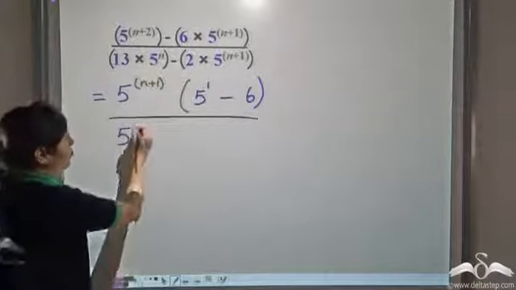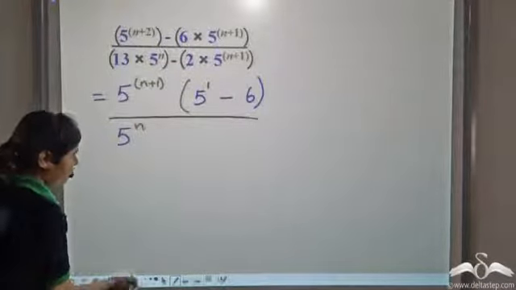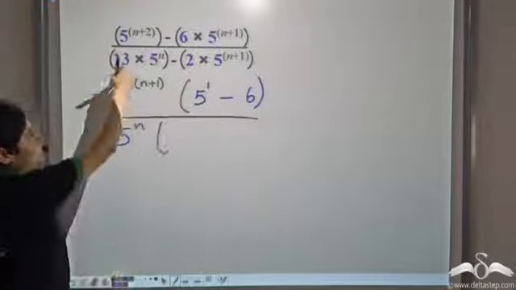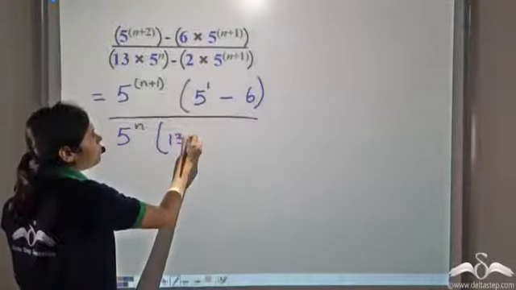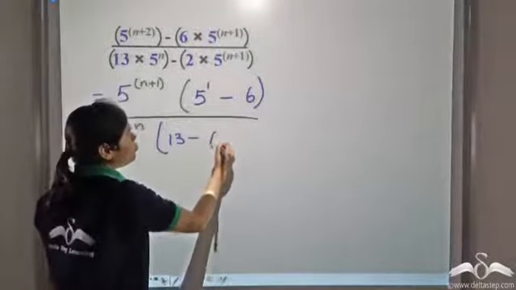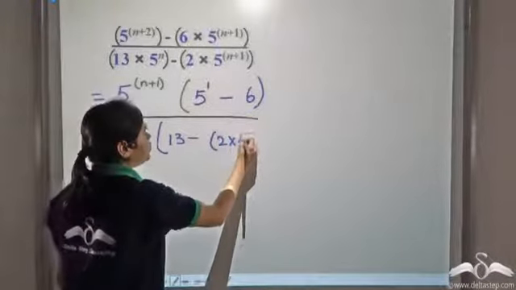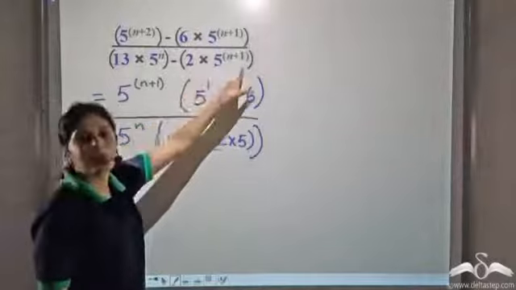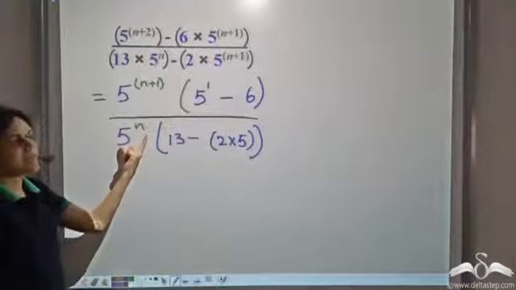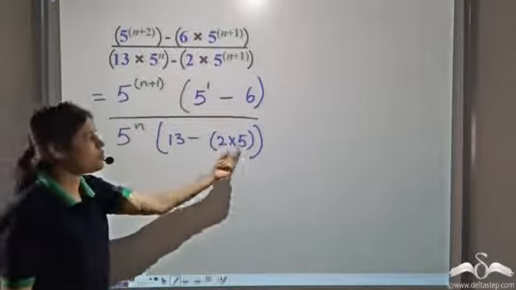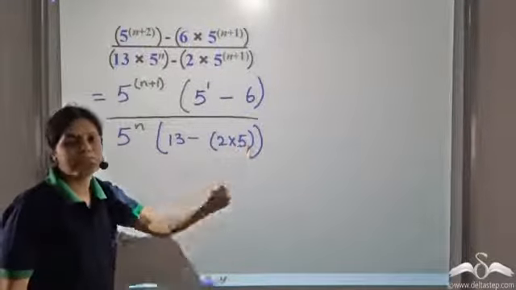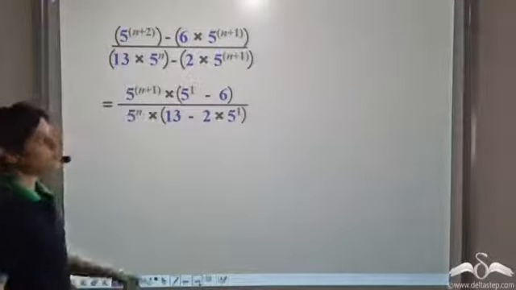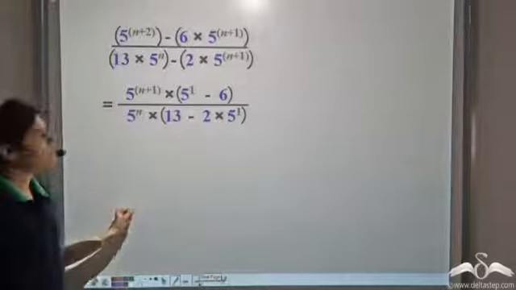So 5 to the power n is taken common. And we are left with 13 minus 2 into 5. Because we have 5 to the power n plus 1. 5 to the power n is already taken out. So we'll be left with 5. So this is what we have.